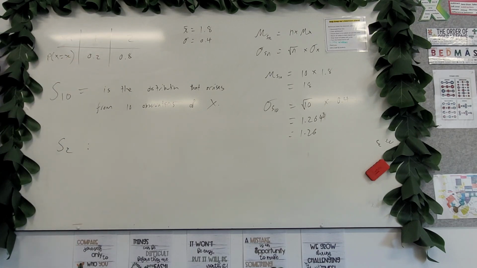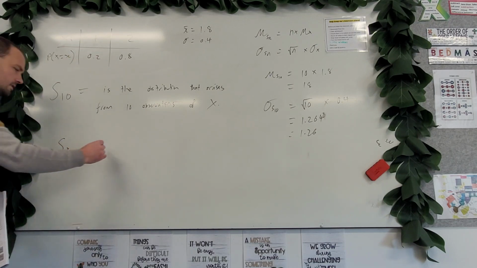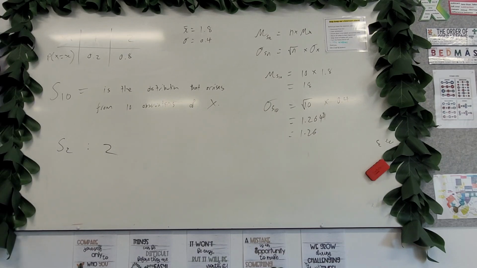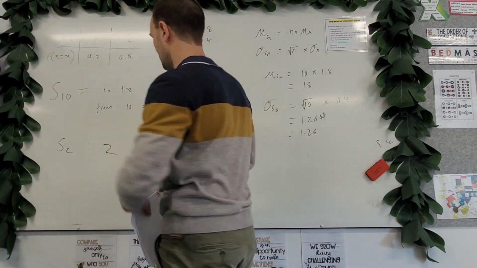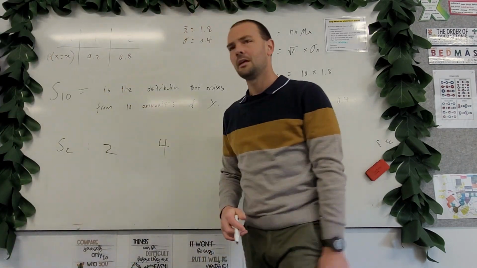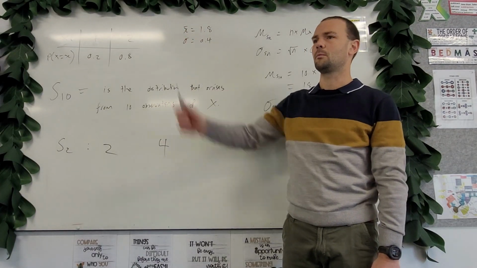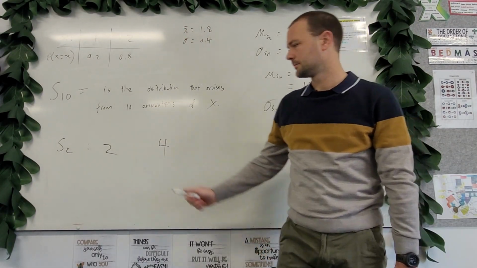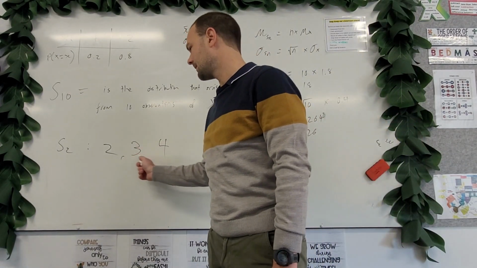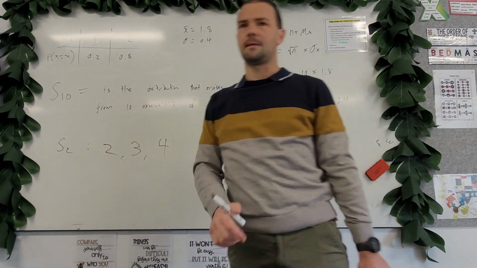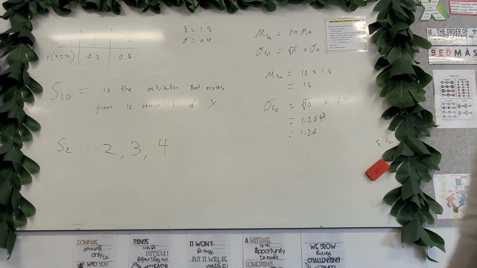If we add those together, the lowest possible result is 2. Okay? The highest possible result would be if we got a 2 and then we got a 2 again. So the highest possible result is a 4, and you can see there's a number of ways that we can get a 3. So these are the possible events from the sampling distribution S2 when we repeat the experiment twice, adding the results together.